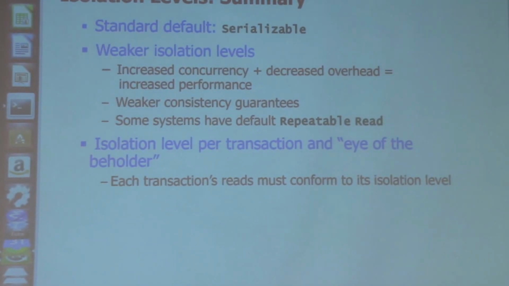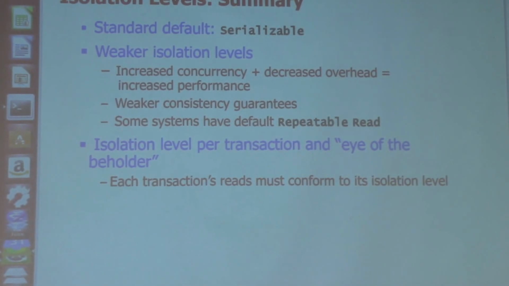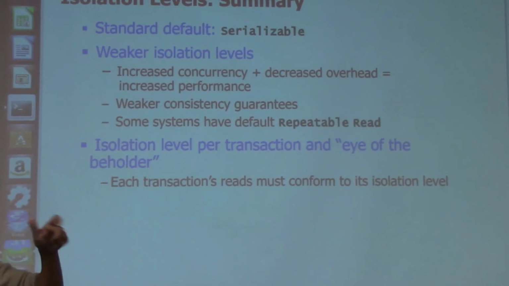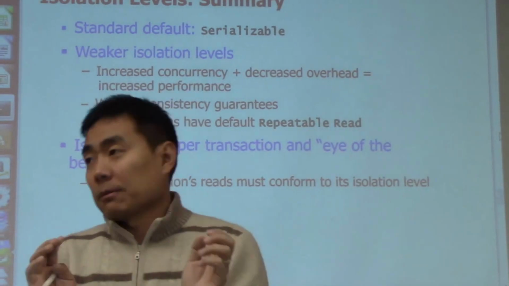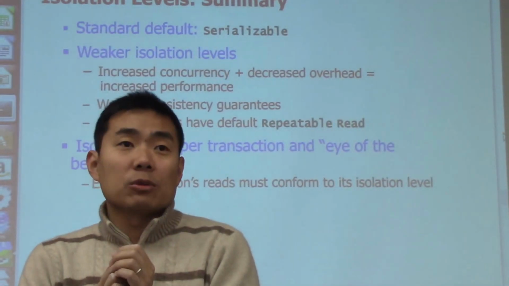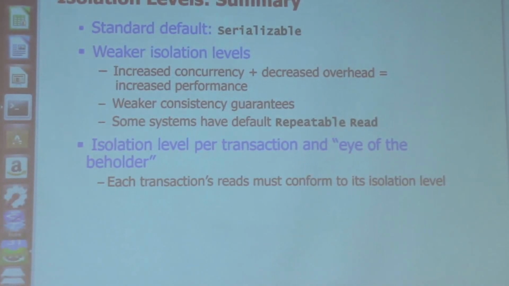To give you a quick summary, which is essentially what I have said. The slide needs to be updated a little bit. The default is usually serializable, but increasingly I see a lot of defaults at repeatable read. So the default is either serializable or repeatable read.